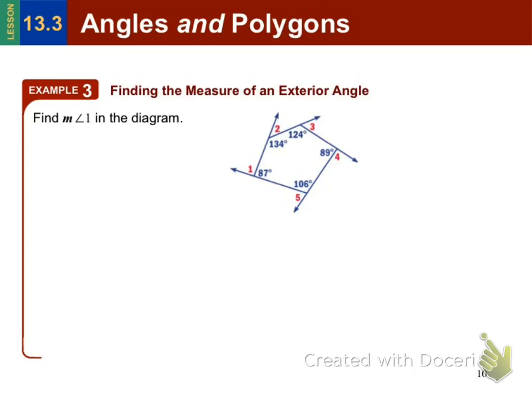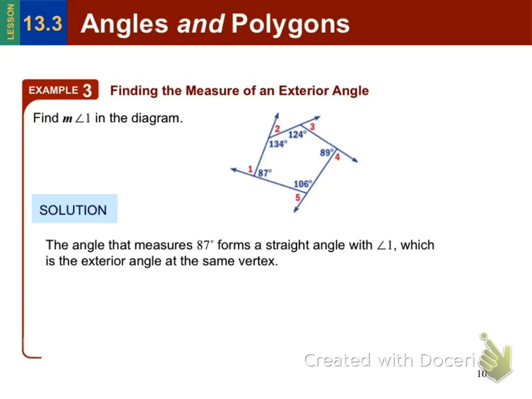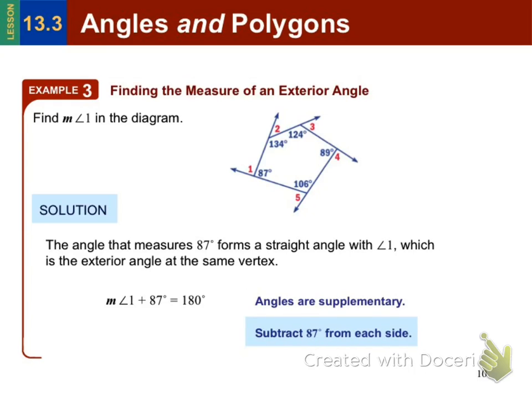But we also know that angle 1 and the angle that is 87 degrees are supplementary to each other. So angle 1 plus 87 degrees equals 180. With a little bit of math, we can find angle 1. So the measure of angle 1 is 93.